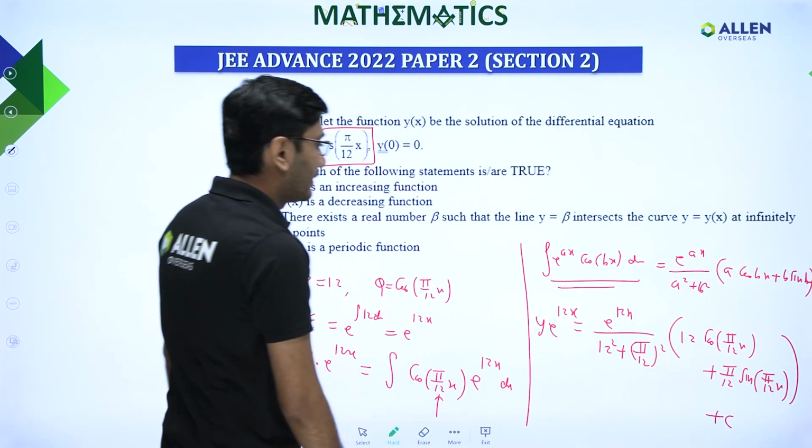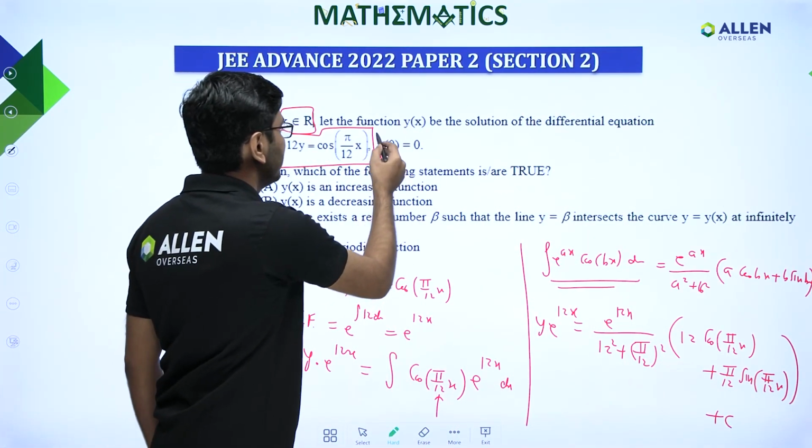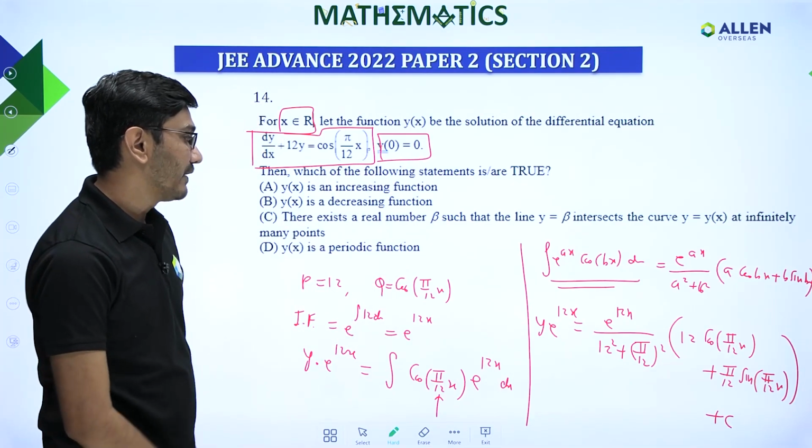This is what you will get. But they are saying that y of 0 is 0, which means when we put x equal to 0, you should get the y value as 0.